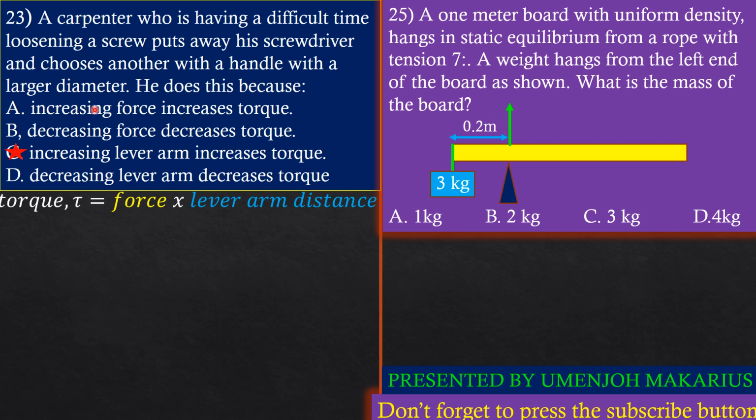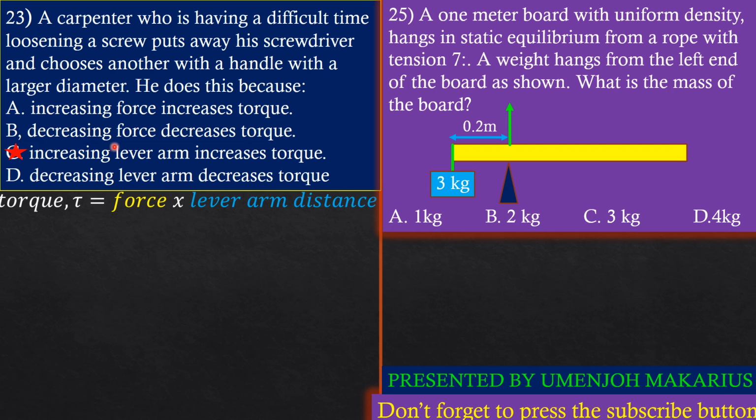Option A is saying that increases the force, increases the torque. The person has simply used the one that has a much larger diameter. The force has been kept constant. Meanwhile, the lever arm distance, which represents the increment in the diameter, has been increased. So the force has nothing to do in this case.